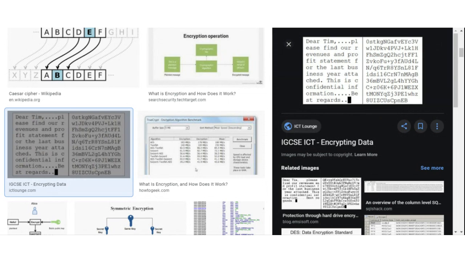Now, the next mechanism is the PEM, the Privacy Enhanced Mail. This is an internet standard that provides for secure exchange of electronic mail.